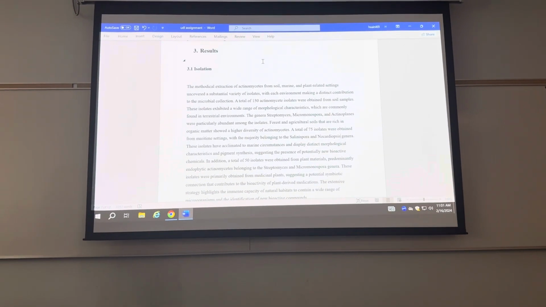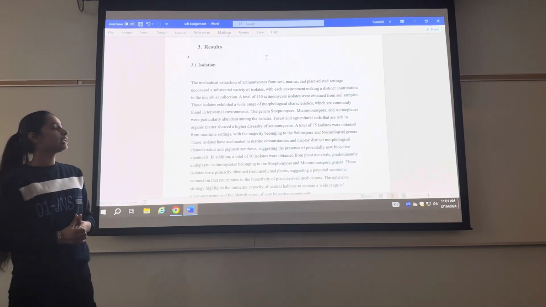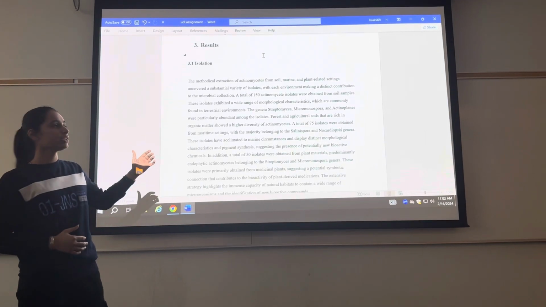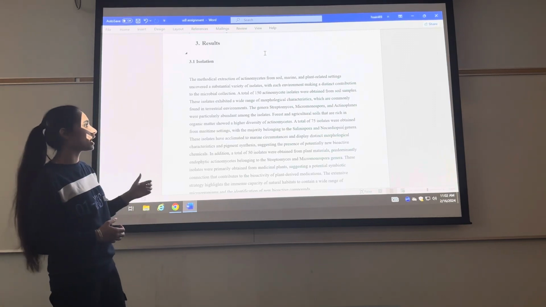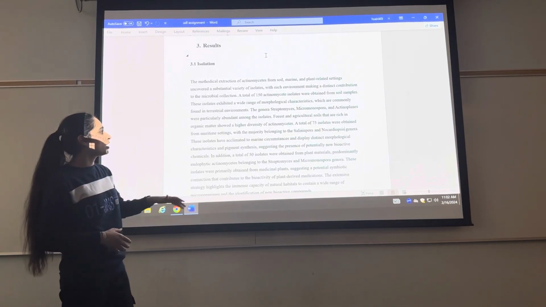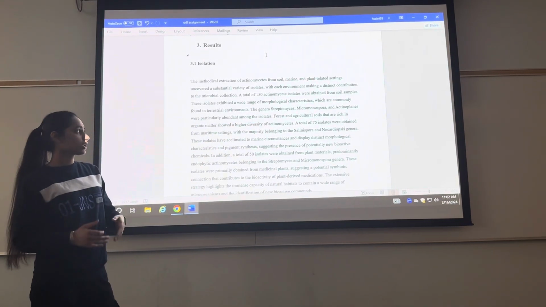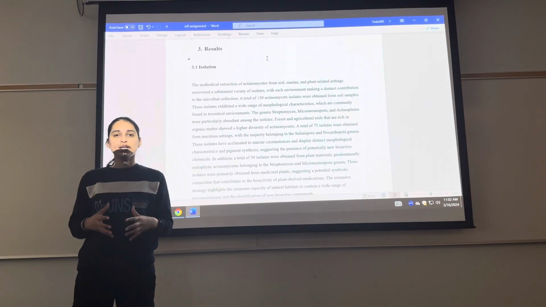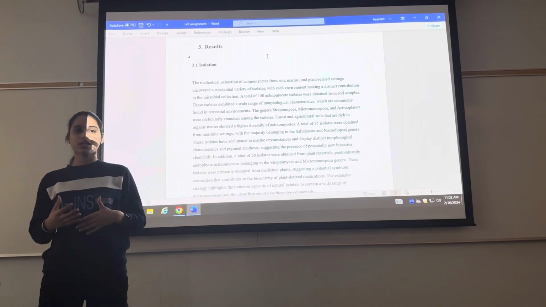So now we will discuss the results which we got from the isolation methods and dereplication techniques. After all the methods which we used for the isolation, we got the result that a total of 150 actinomycete strains were isolated from the soil samples, which usually contain the genera Streptomyces, Micromonospora and Actinoplanes. These were forest and agricultural soils which were abundant with organic matter. That's why we got that many actinomycete isolates.